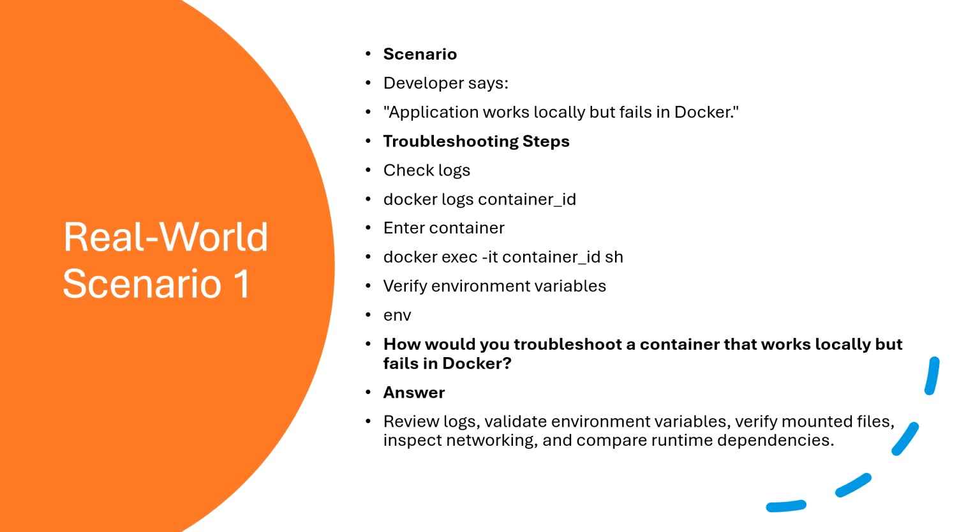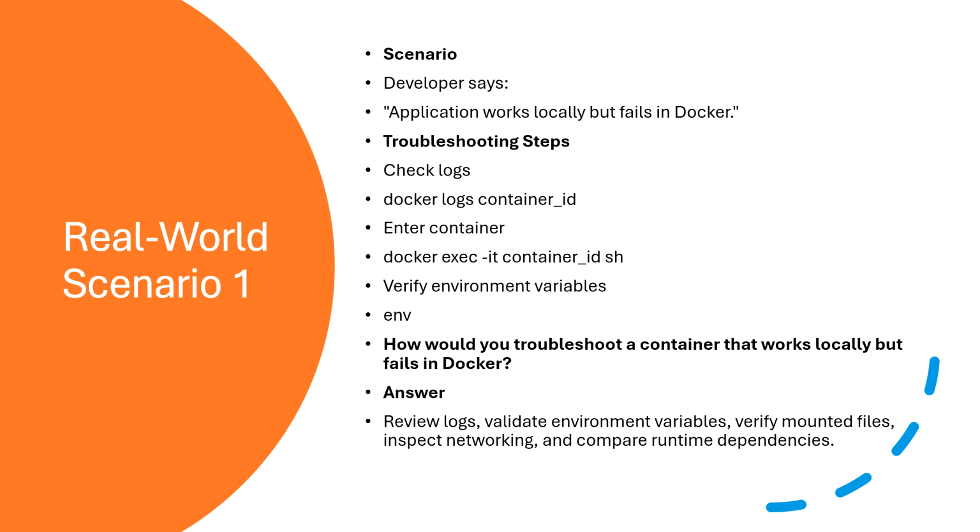Whenever such issues occur, the first structured approach is checking the logs. For checking the logs, we would use the command docker logs and the container ID. Next, enter the container. For that, we will use docker exec -it container_id sh. It would give us access to the container, wherein we can view the environment variables, verify the mounted files, and see what is going on in the networking.